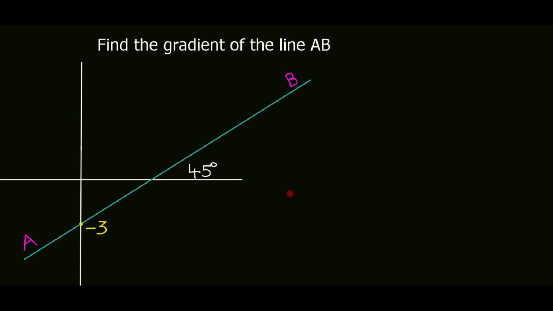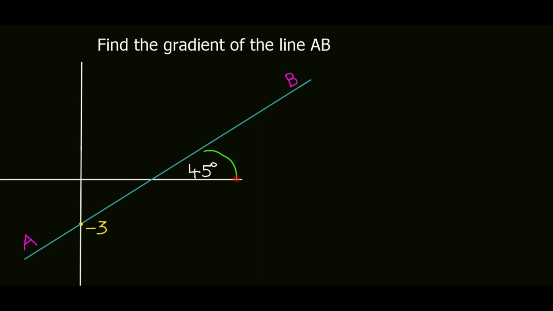And then what about this one? This one here, find the gradient of line AB. Sometimes they give you the angle of inclination, and then the question asks you to find the gradient or the equation. So this question here, find the gradient of line AB. You can see that on this line AB we have the angle of inclination.